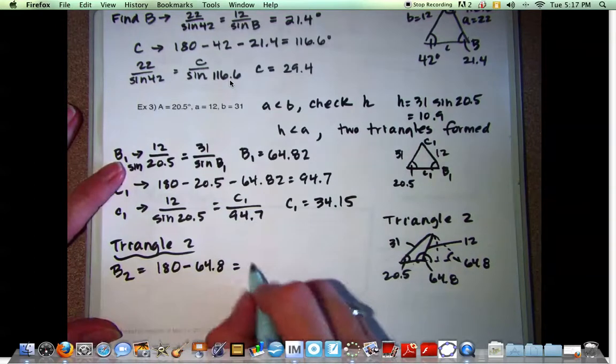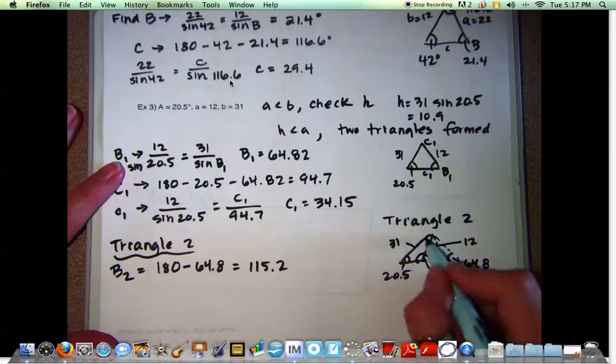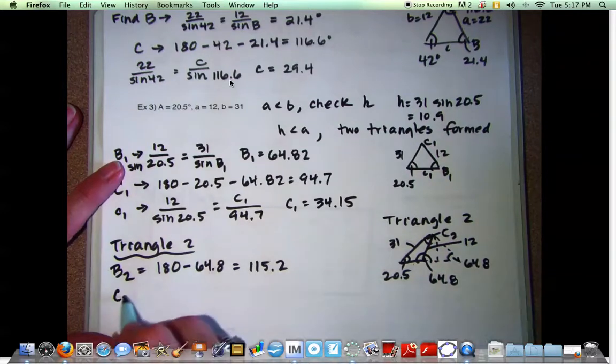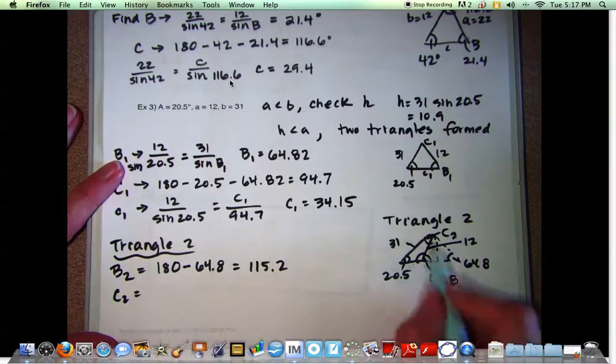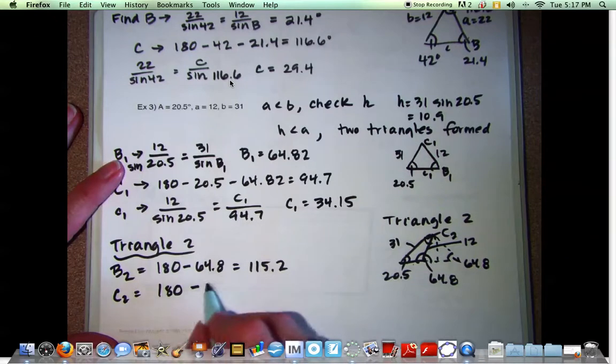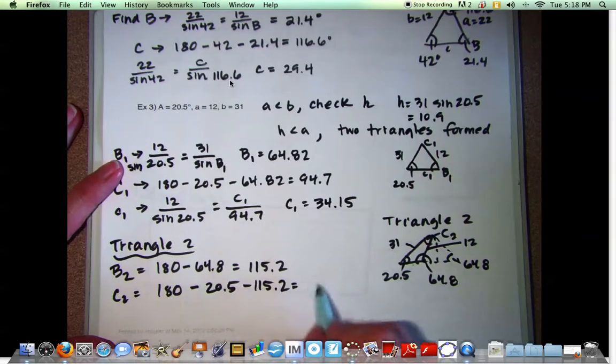So that gives us 115.2. Then to find C2, all three angles total 180 degrees. So 180 minus 20.5 minus 115.2 gives us 44.3.